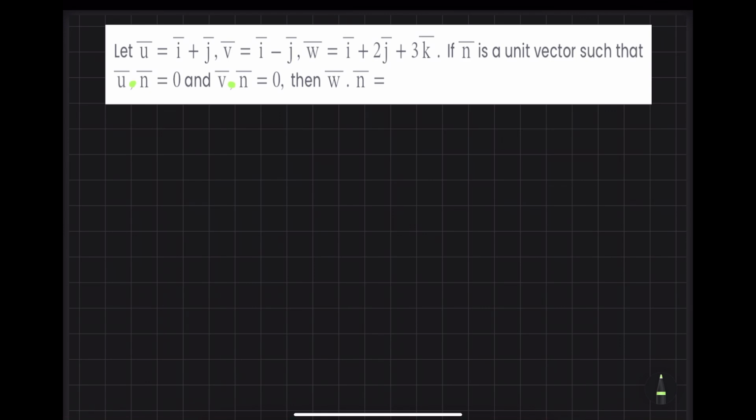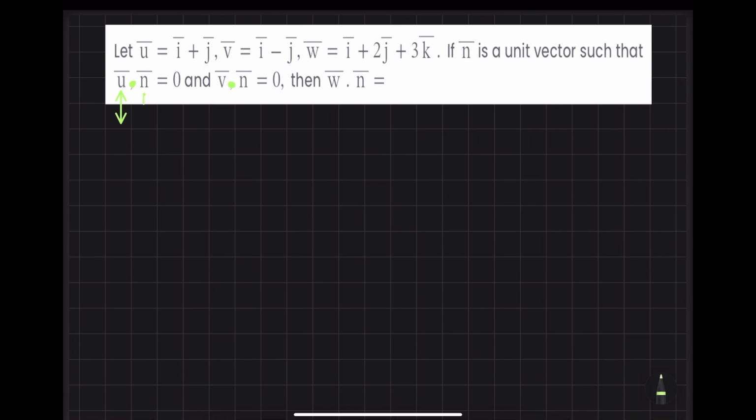Now be very careful. If two vectors go through dot product and come out to be 0, in the dot product you know that we will be using mod u. Do you think mod u is a 0 thing? No, mod u is root 2, so it is not 0.